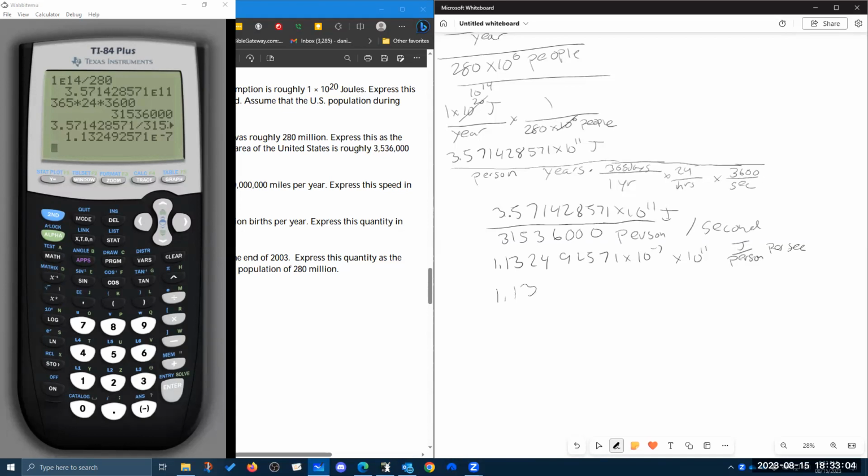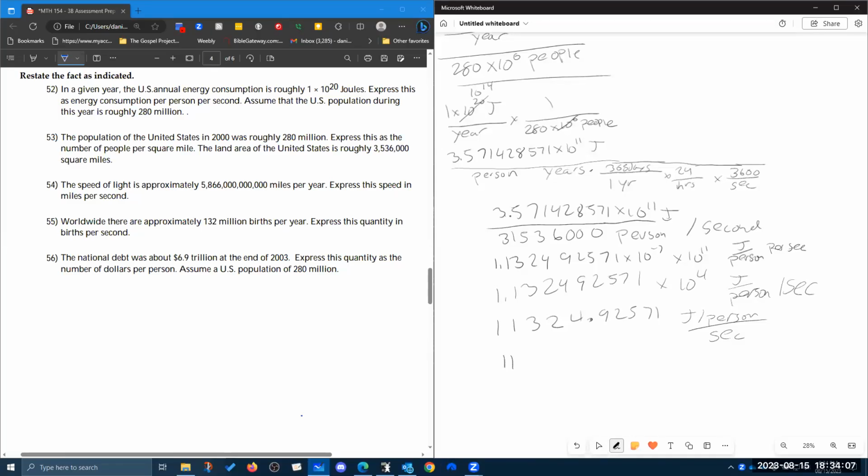This is 1.132492571 joules per person per second, and they rounded to the nearest tenth of a joule per person per second.